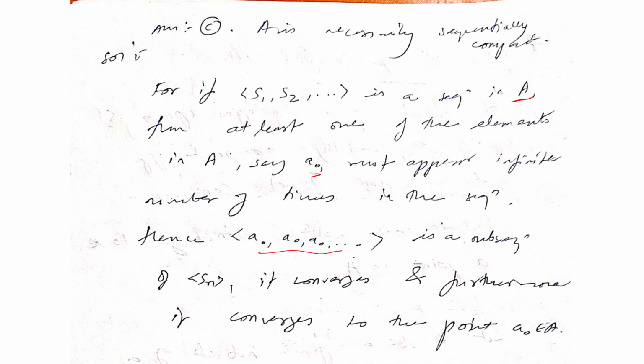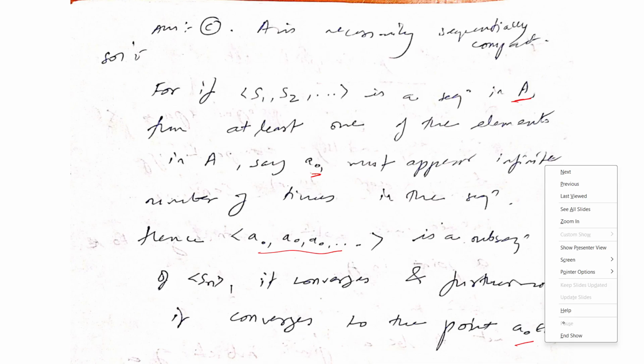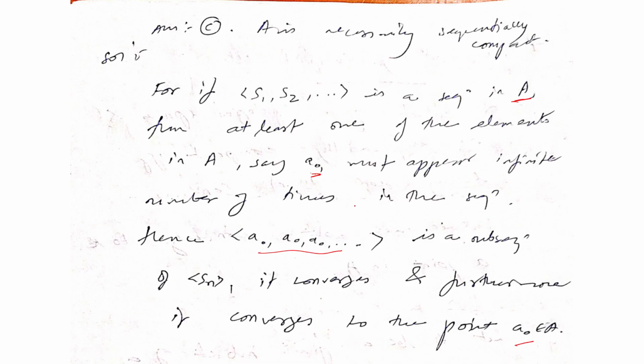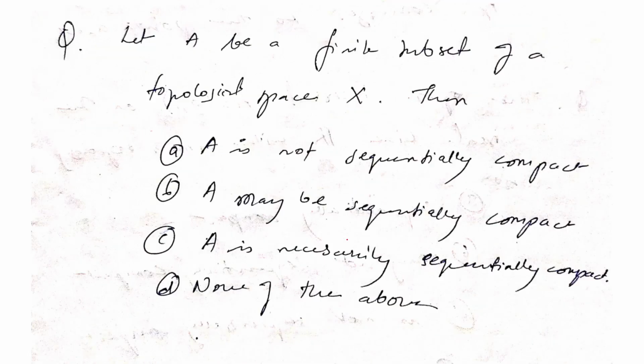This will be a constant sequence, which will converge to A naught only, and A naught belongs to A. So by the definition, we can say that it is sequentially compact. Yes, the correct answer is C, that is, A is necessarily sequentially compact.